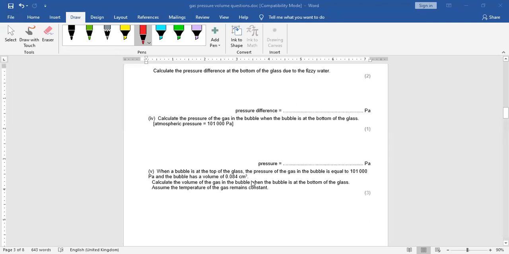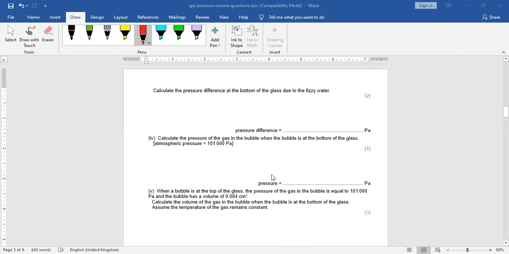For answering these questions, we have to know the answer for number 4 here. Calculate the pressure of the gas in the bubble when the bubble is at the bottom of the glass. So if you release the bubble right here, the bubble starts from a smaller volume and increases in volume, right?